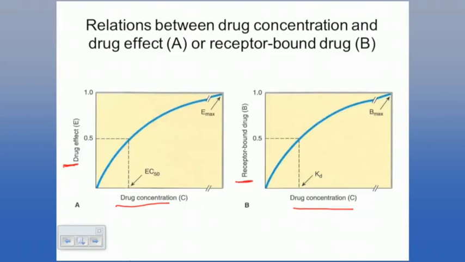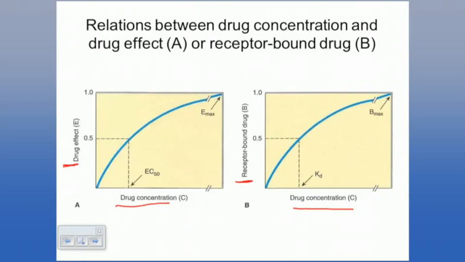So this is more the concept of the KD value, the equilibrium dissociation constant. You can see that both of these curves are remarkably similar. Again, as I've said before, we're going to represent systems in class today that preclude the concept of spare receptors, so these two curves should overlap.